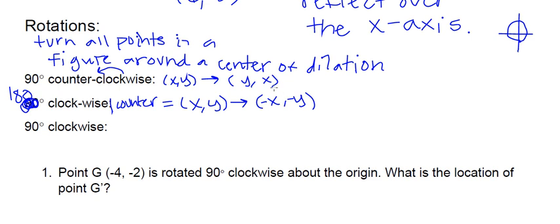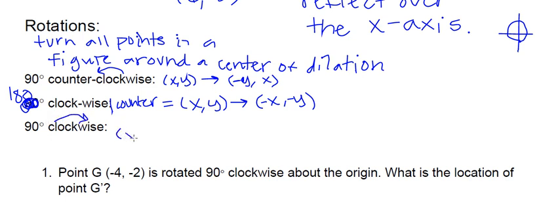Now, at this point, I need to think about clockwise or counterclockwise. Well, counterclockwise is to the left, so the coordinate on the left is the one that changes. So it will become the opposite of whatever that y was, and the leading coordinate is followed by x. Clockwise is almost the same thing, except clockwise moves to the right.